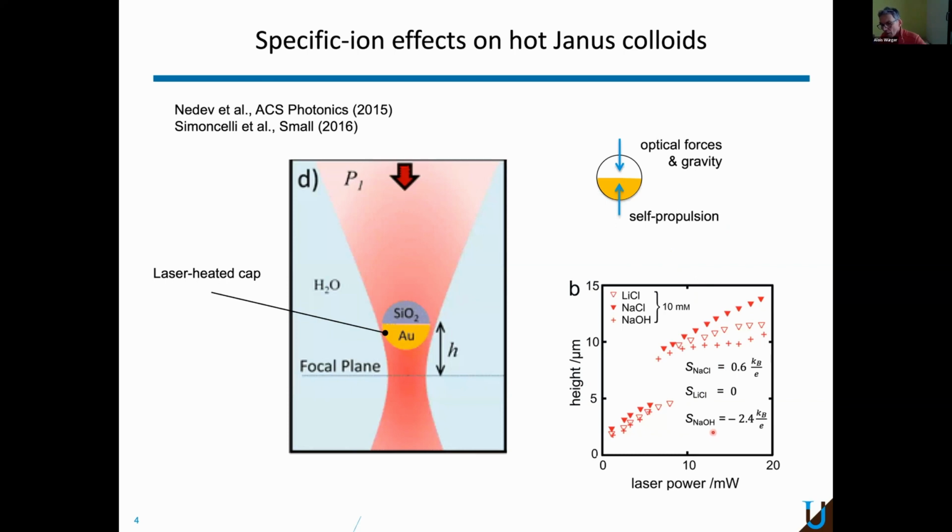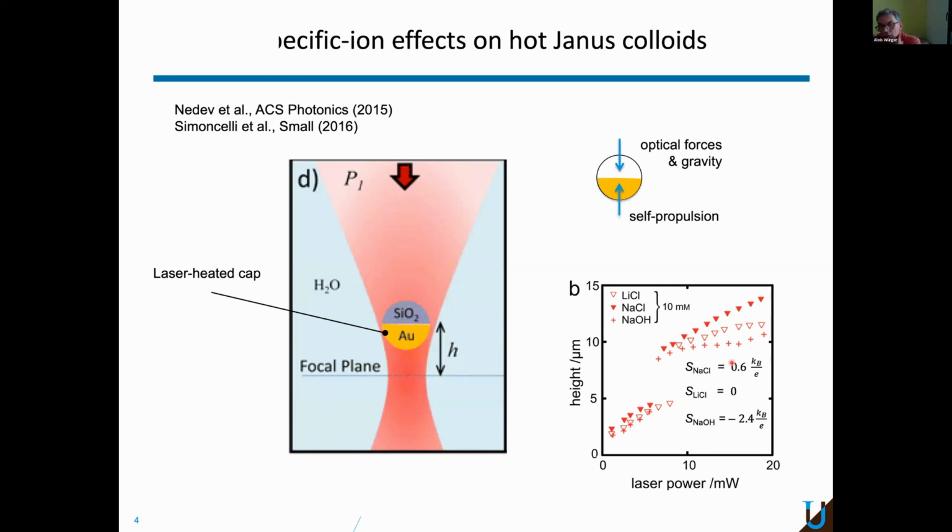The Seebeck coefficients of these electrolytes are well known. And so what you see, at least qualitatively, the sequence here, sodium chloride, lithium chloride, and sodium hydroxide, follows, in fact, these values of the Seebeck coefficient.